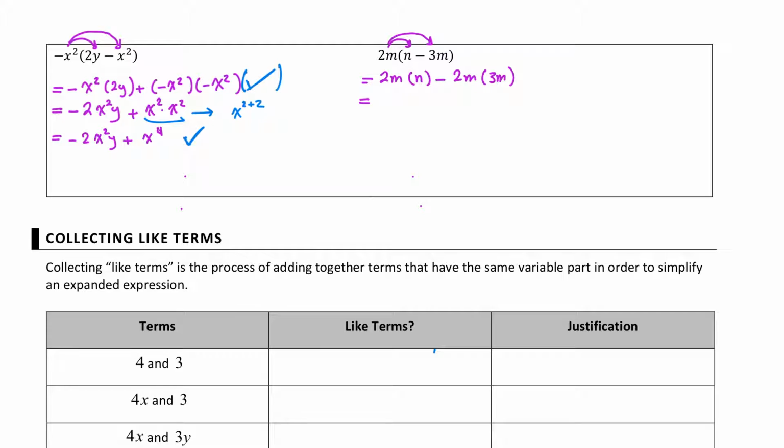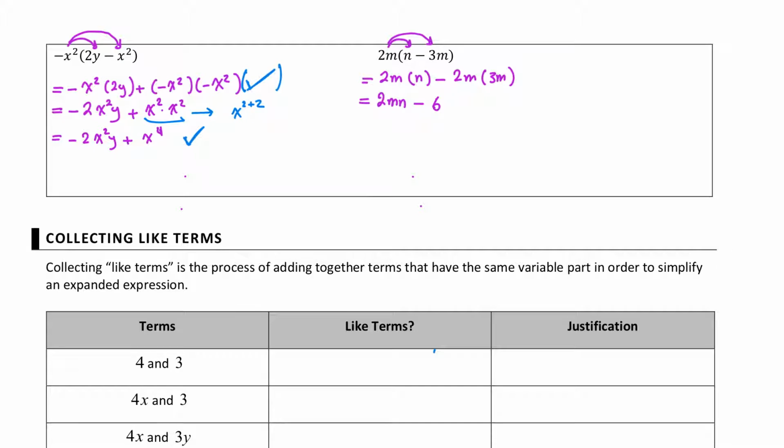So then this becomes 2mn as the simplified form, and then I get the next thing, I have 2m times 3m. So to simplify this, I have to multiply the numbers together, 2 and 3, and that gives me 6.